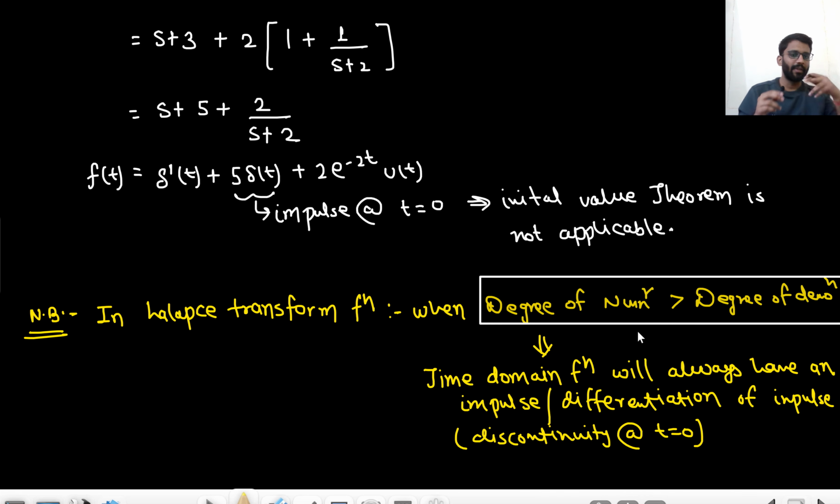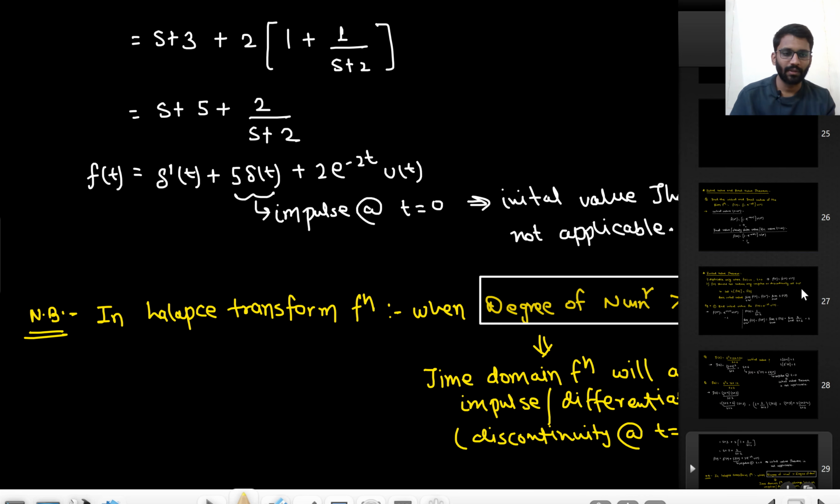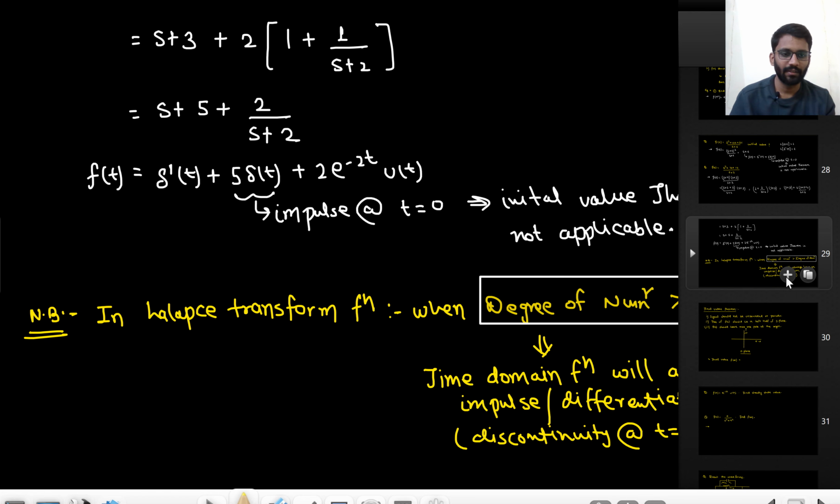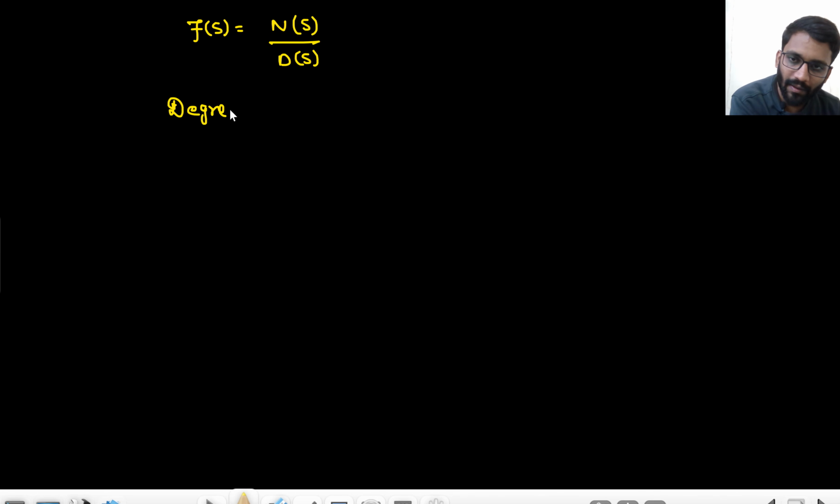I can add a page and write down that F(s) is numerator upon denominator. Then the degree of numerator should always be less than the degree of denominator.